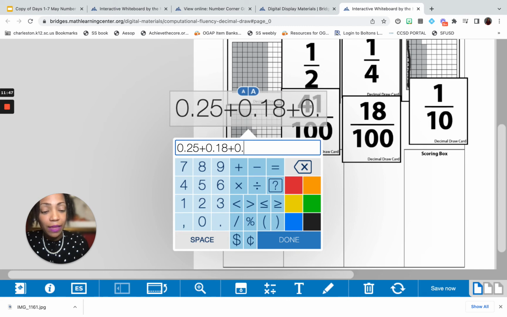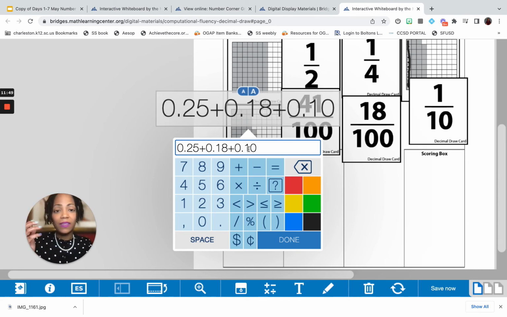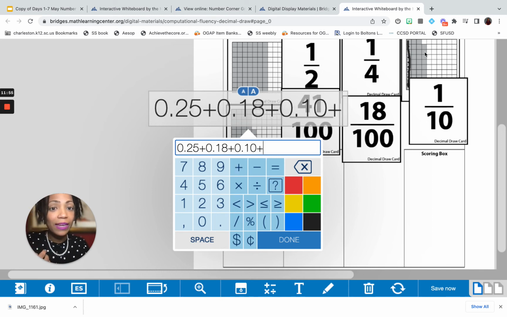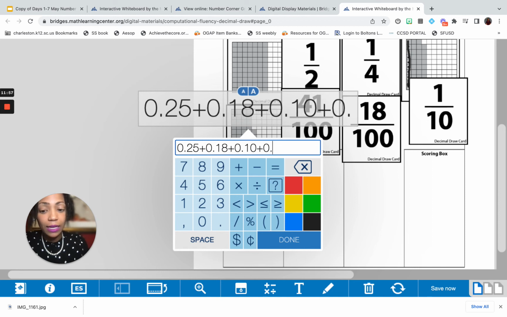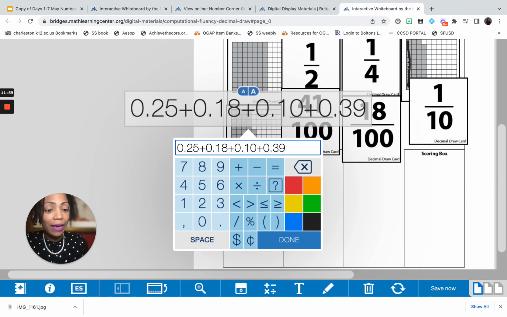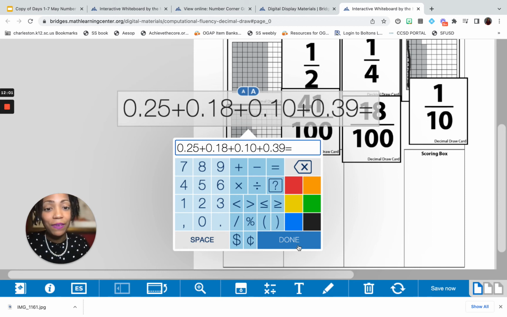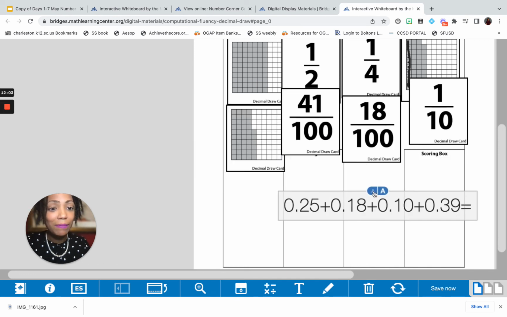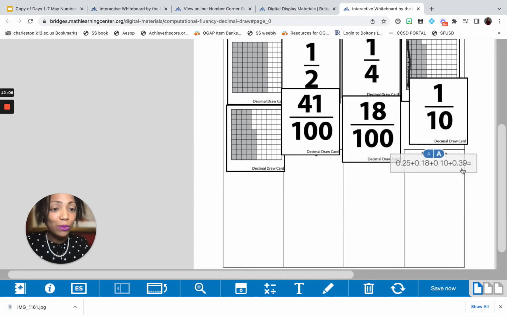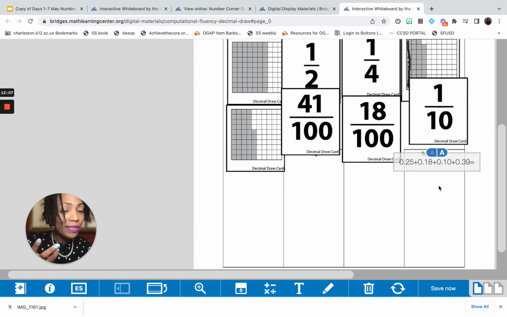Do y'all remember that I wrote that as a fraction over 100 so you could see? And then I also had 39 hundredths. So now I have to do that math and figure out what is my total. So I'm going to redo this, but I'm going to stack the numbers so that I can do the addition.